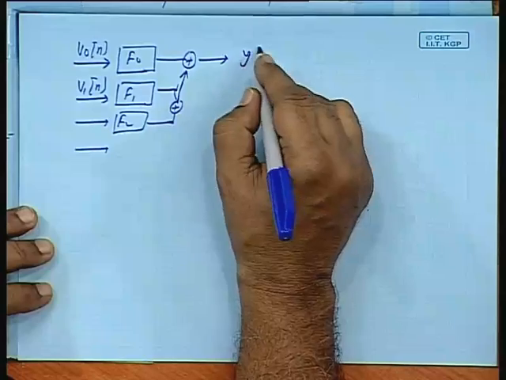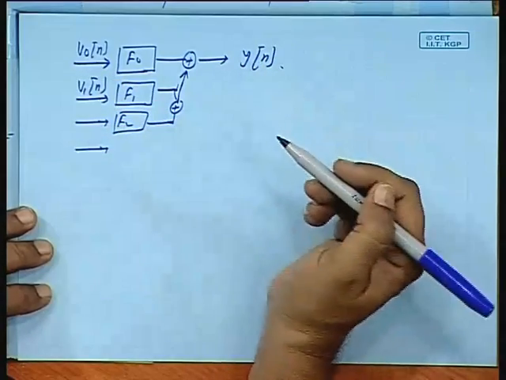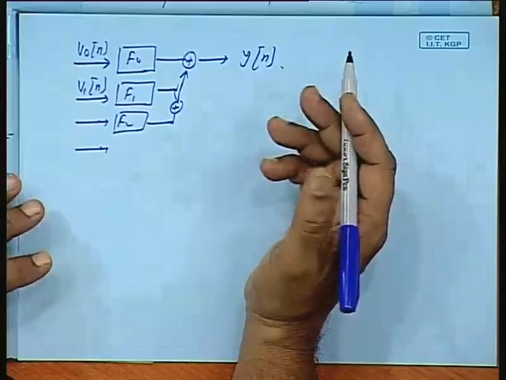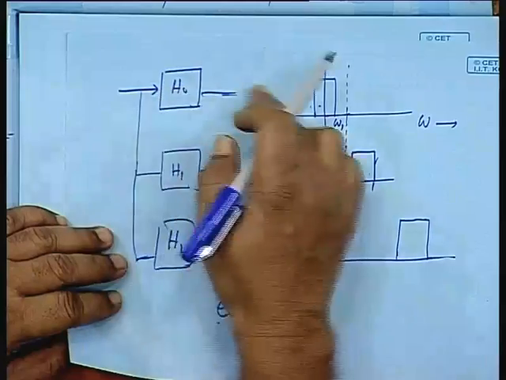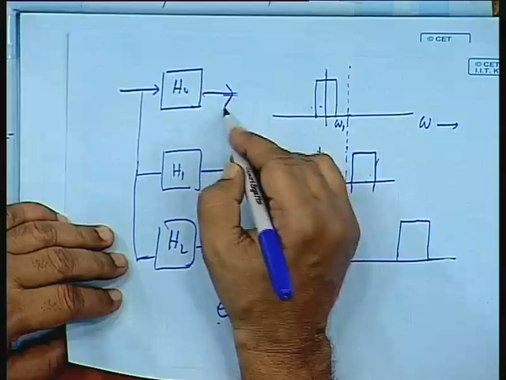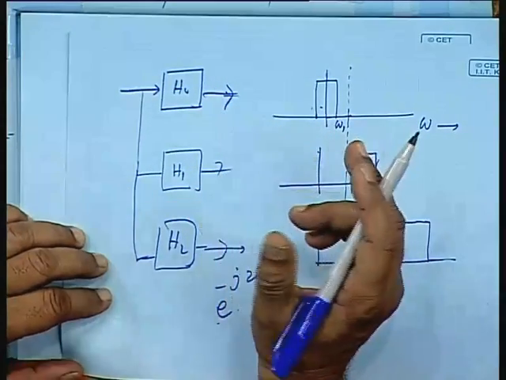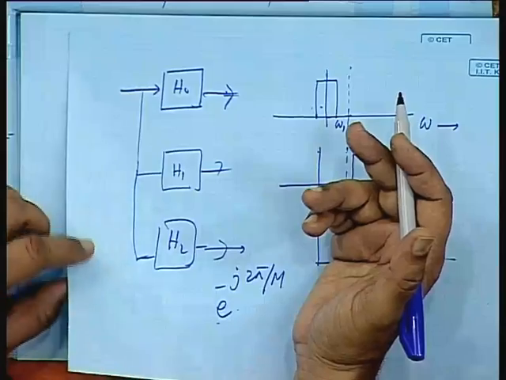Finally, you get the output. From various inputs, you get the output. So, when you want to filter a signal, you have its response in different bands, take these and modify each band as you want, and then again add them.